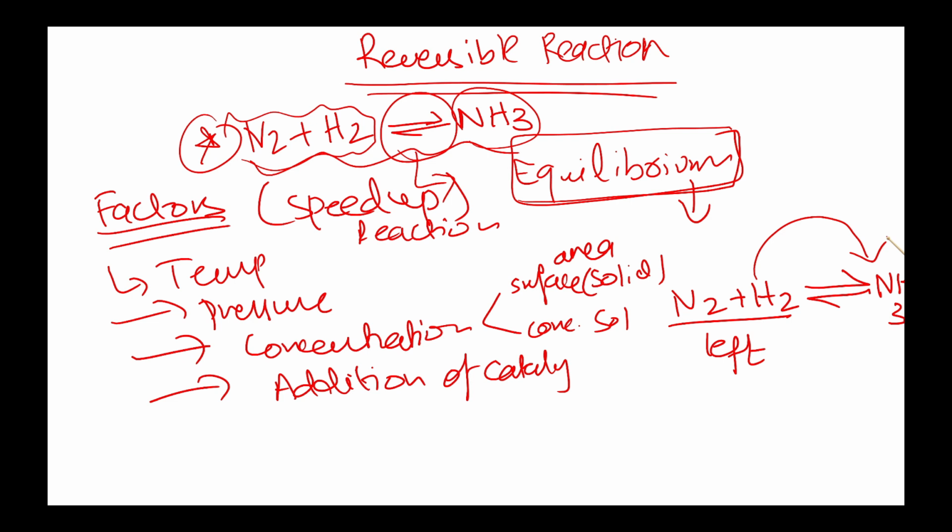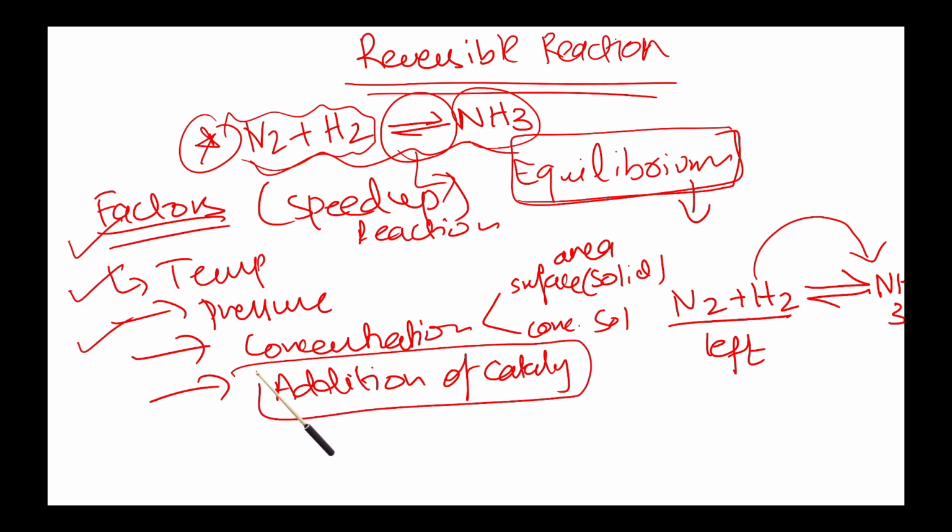So what are the factors that can affect the equilibrium position? The factors are the same as the factors that can speed up the reaction, except for addition of the catalyst. Addition of a catalyst has nothing to do with the equilibrium position; its job is only to speed up the reaction. But if you increase the temperature, if you increase the pressure, only if there are gases in the reactants and products, and if you increase the concentration of the reactant or the product, then your equilibrium position can change.